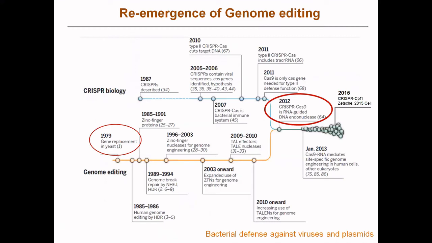On this, we can see how the gene editing techniques evolved with time. So this is 1979. In one of the previous slides I discussed, for the first time, there is a gene replacement in the yeast carried out in the lab.